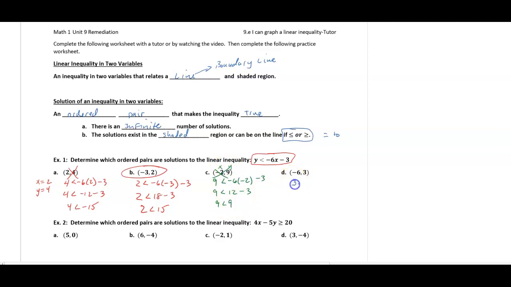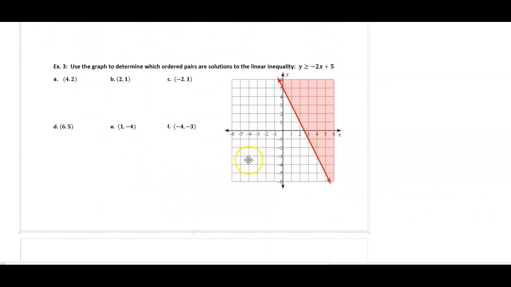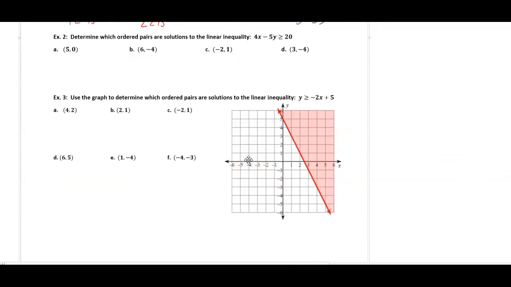The last one here is 3 less than negative 6 times negative 6 minus 3. So is 3 less than 36 minus 3? Well, is 3 less than 33? Yes. Therefore, that is a solution. Okay, example 2.